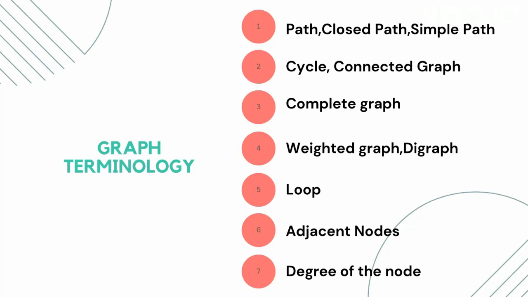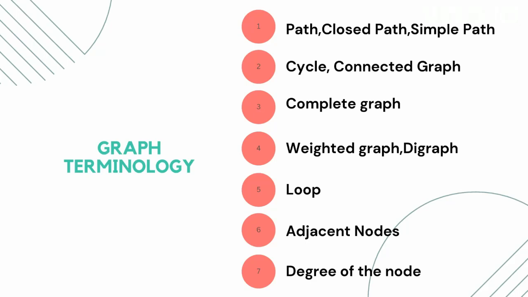A digraph is a directed graph in which each edge of the graph is associated with some direction, and the traversing can be done only in the specified direction. Next one is loop. A loop is an edge that is associated with the same endpoints.